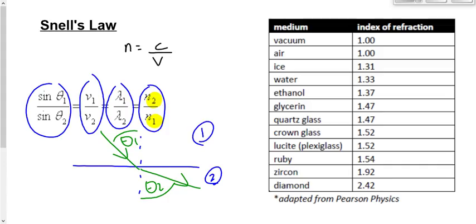So if we've got glass, where the index of refraction is 1.5, the speed of light would be 2 times 10 to the 8 meters per second. Agree? So 3 times 10 to the 8 divided by 2 times 10 to the 8 gives me a value of 1.5.